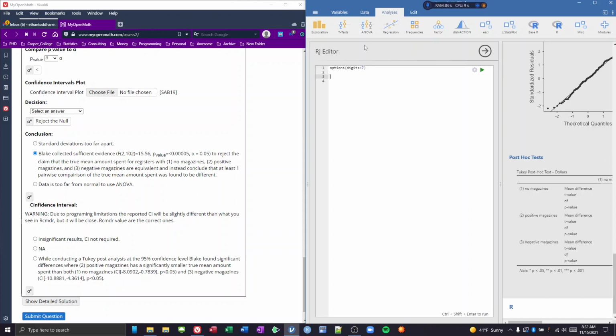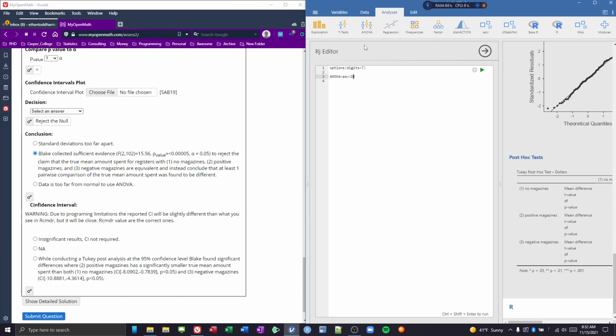Then in here, I need 2 little lines of code in order to get me the Tukey post hoc confidence intervals. The first thing that I need to do is label this thing my ANOVA test. And I'm just going to write this out. It's aov, parenthesis, and then I need to put in the dependent variable.